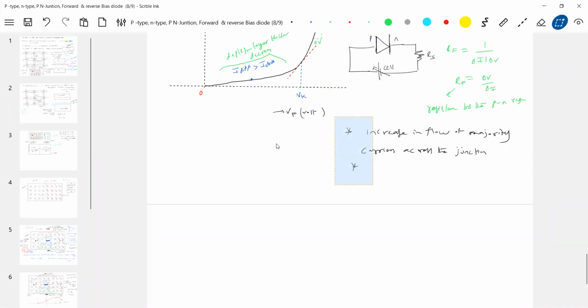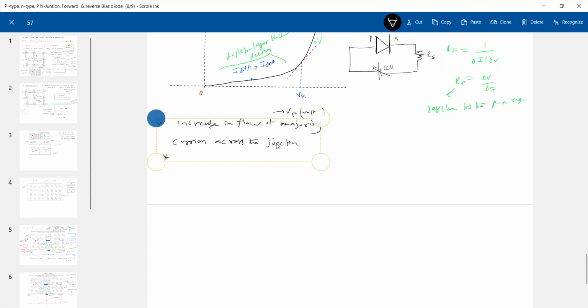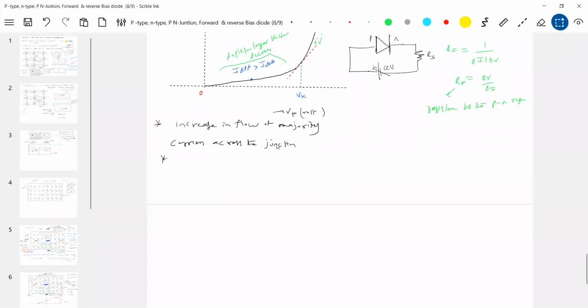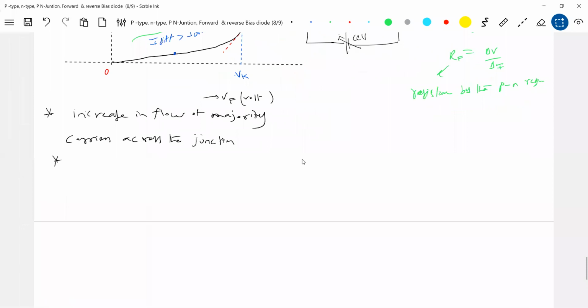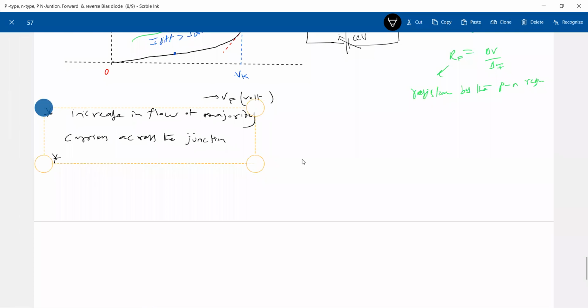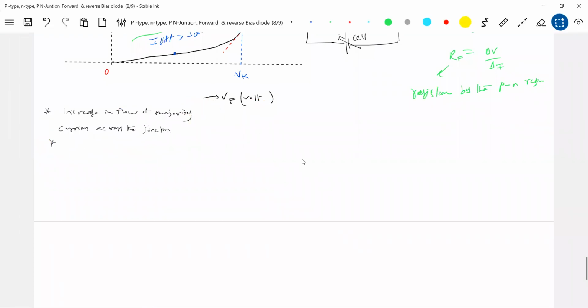I need more space. Some four points I'll summarize. These are the conceptual questions they may ask. What actually happens in forward bias? There's an increase in flow of majority carriers across the junction. That's one point. Then the width of the depletion layer decreases.